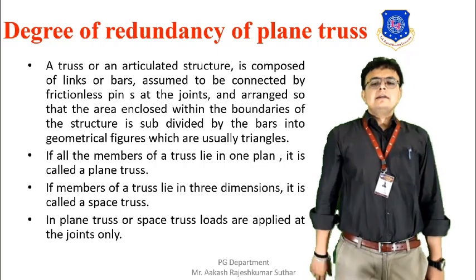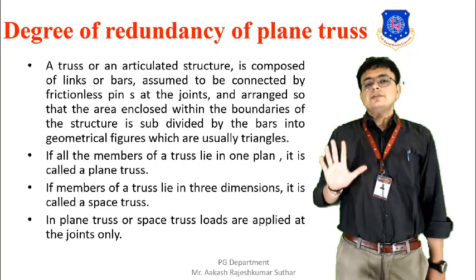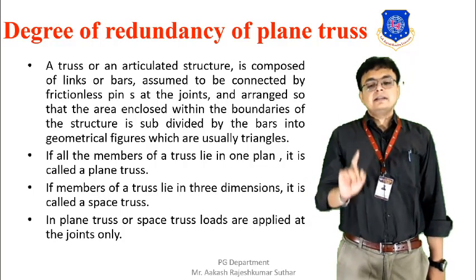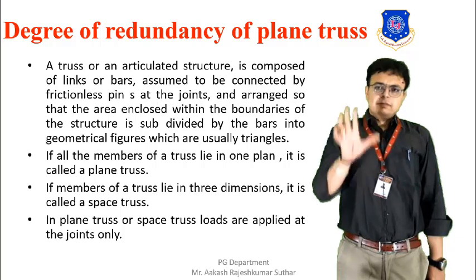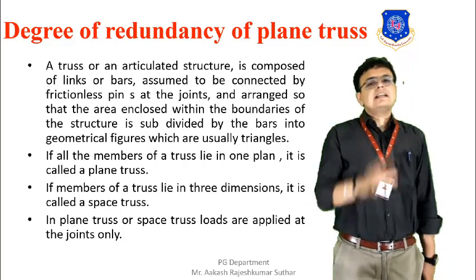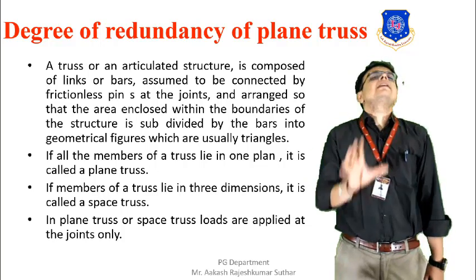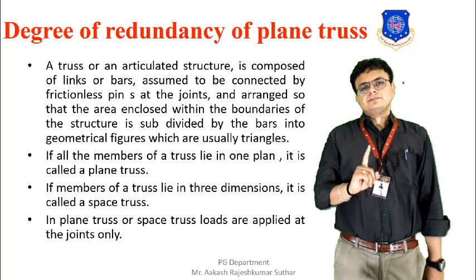If all the members of the truss are lying in one plane, then it is called a plane truss. Means if it is x and y, both two axes, and all the members are lying in these two axes only, then we can say that this is a plane truss.